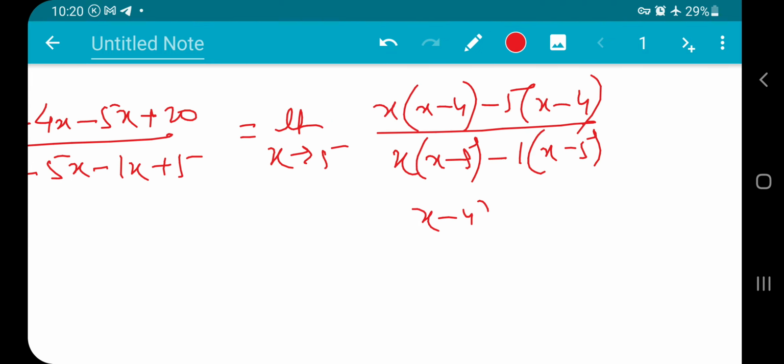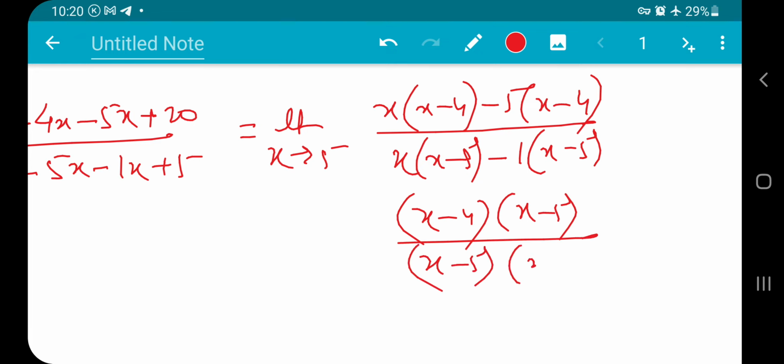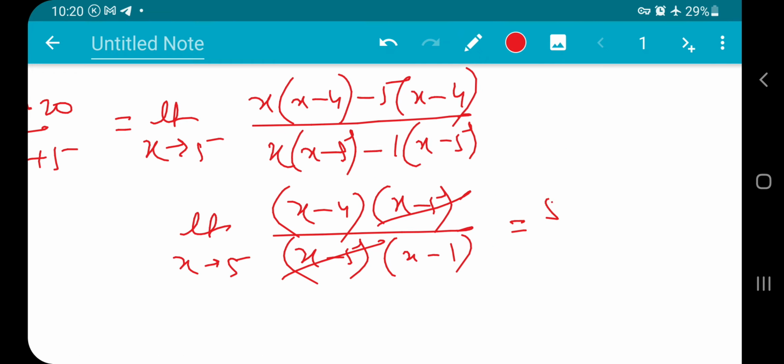So it is becoming x minus 4 into x minus 5 by x minus 5 into x minus 1. So this gets cancelled, and after substituting we will get the answer. That is 1 by 4, and that is the answer.